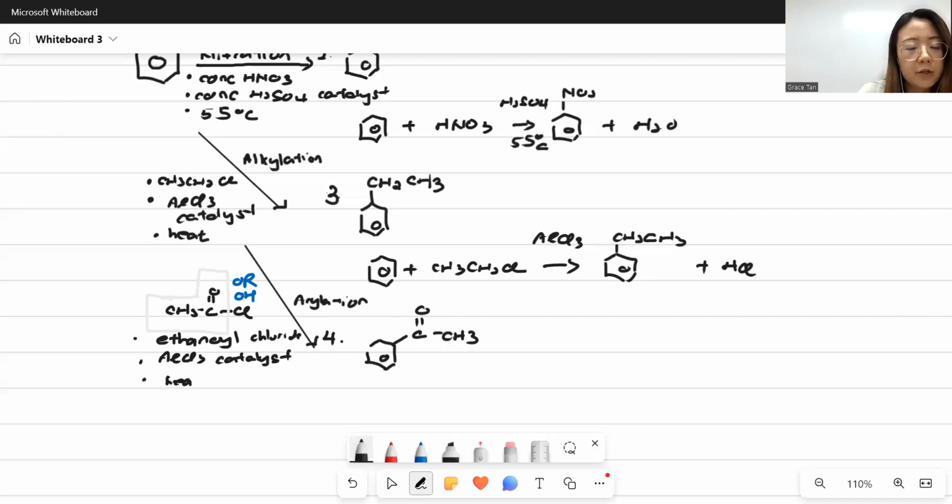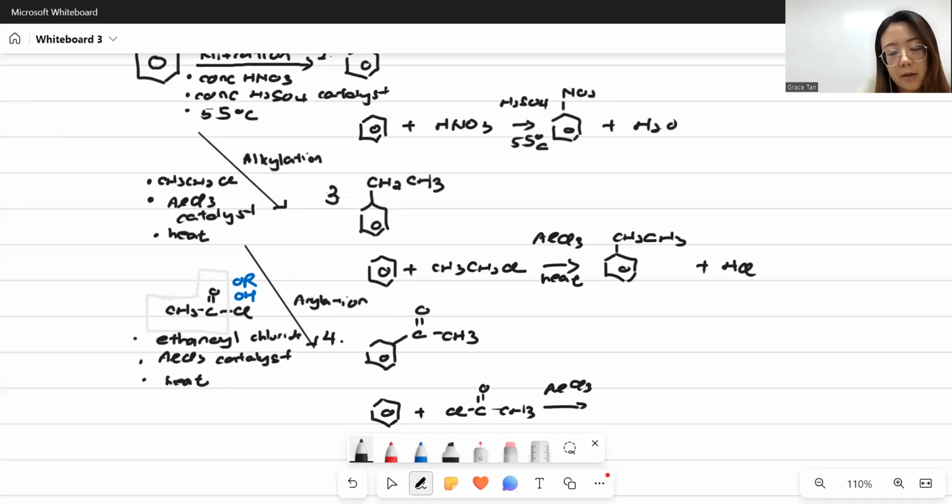All Friedel-Crafts reactions require heat. So therefore you attach now. Then we will also construct an equation for it. A ring plus your ethanoyl chloride with the help of a catalyst and heat.